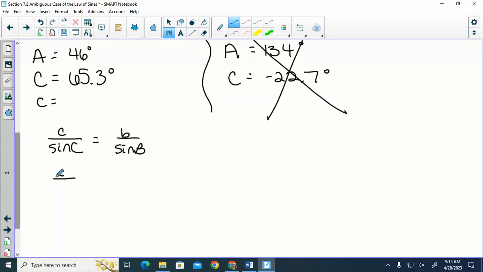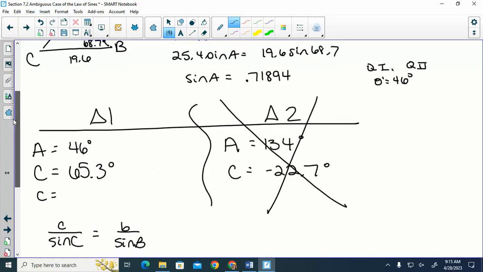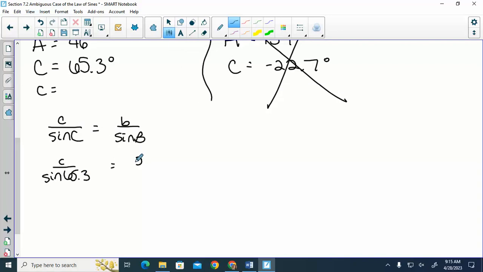So we'd have C over sine of 65.3 equals side B, which was 25.4, divided by the sine of 68.7 degrees.